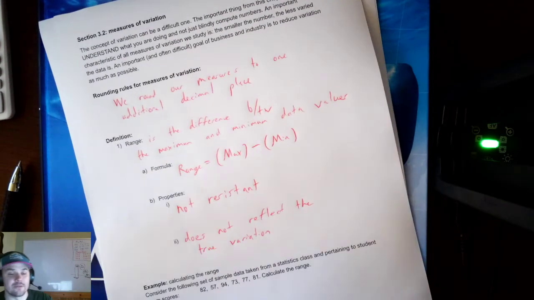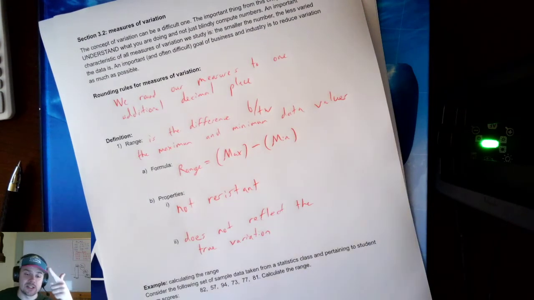And let's think about that for a second. Let's say on the first exam, one student got a 100 and one student got a 25, and every other student got a 93. That data is not very varied, right? Almost everybody got a 93, except 2 students, the max and the min. The range would say it's got a spread of 75 points, right?